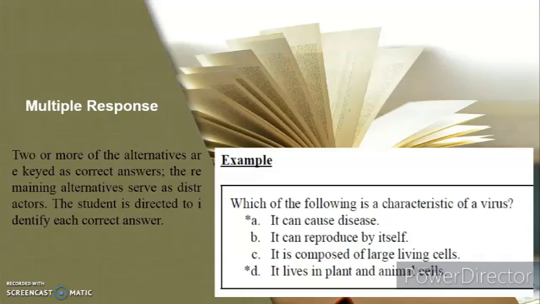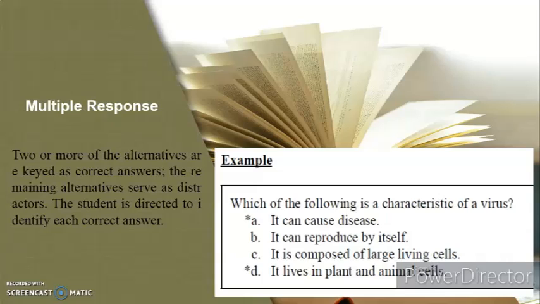Here, this variety of item can be scored in several different ways. The first is scoring on an all or none basis, and the second is scoring each alternative independently.